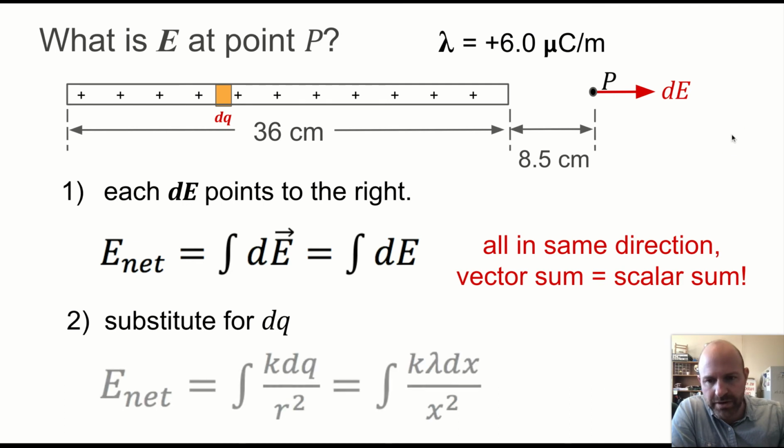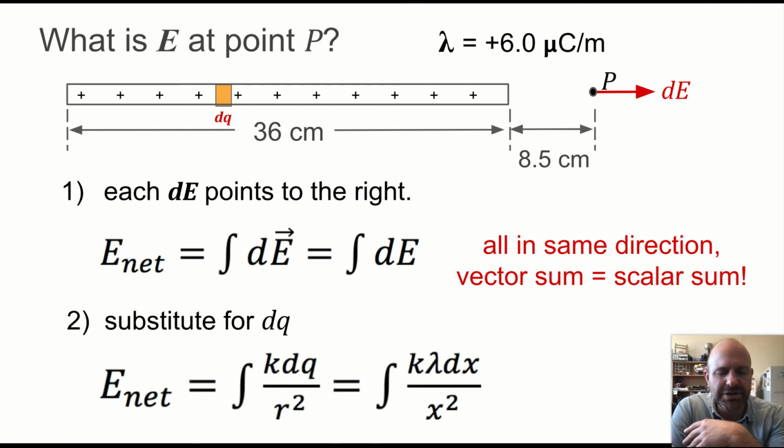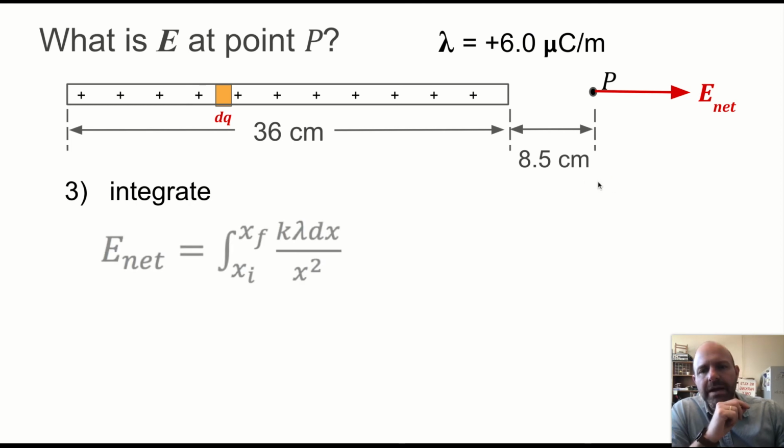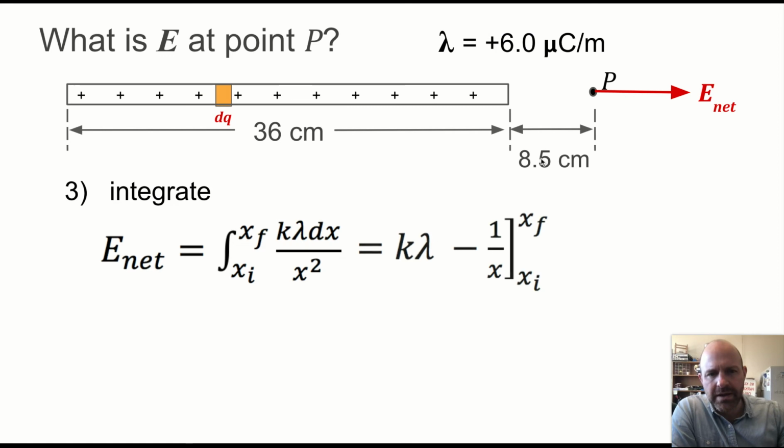They're not numbered. So instead of this, we're going to integrate from some position to another position. So we're replacing r with x because we're moving along the x-axis. And instead of dq, it's lambda times dx. So now we have something we can actually integrate. In order to do that, we're going to integrate from our initial to our final position.